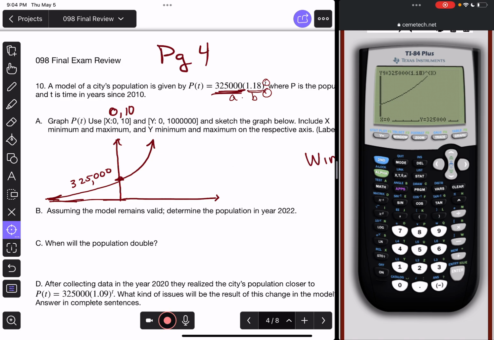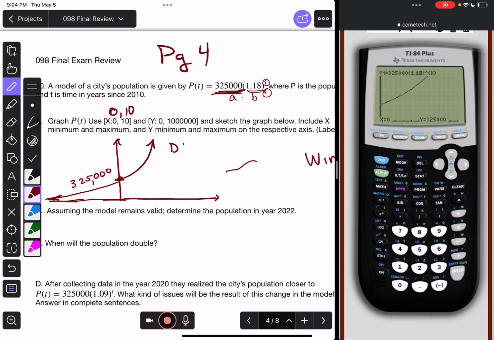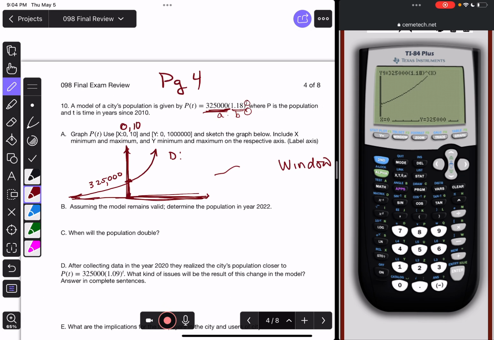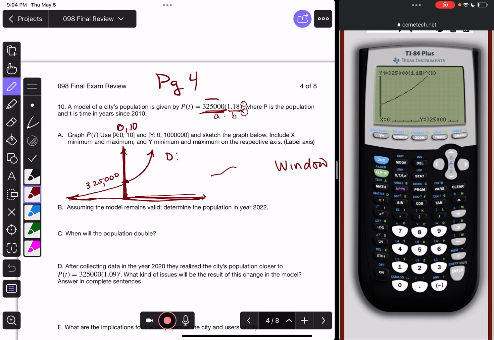Okay, and they want you to give x min and x max and label your respective axis. For this one, again, I'd just go ahead and list your domain and range to take care of that. The domain, you're just going to do the window here. Because this equation was modeled for the city's population since 2010, t equals 0 is 2010, so there's really no past here to speak of.